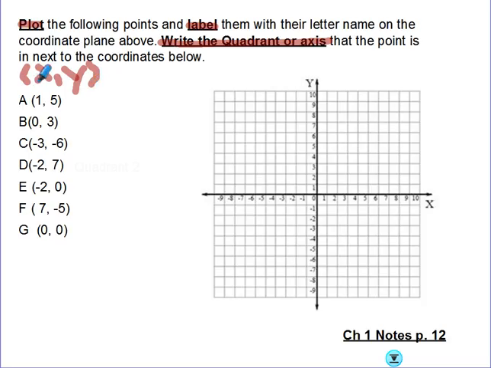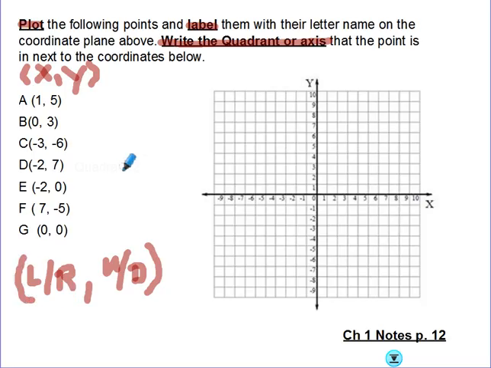So first you go left and right, and then you go up and down. So left or right first, and then you go up or down second. You might want to write more than UD, but it's very difficult to write with my mouse, so I'm kind of pleased with how legible it is right now.